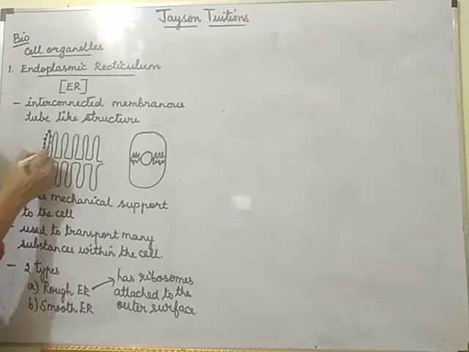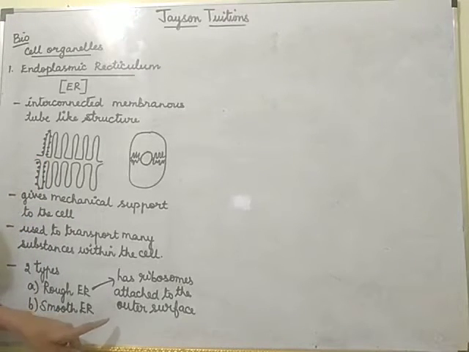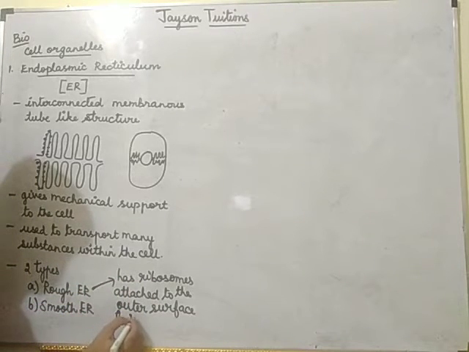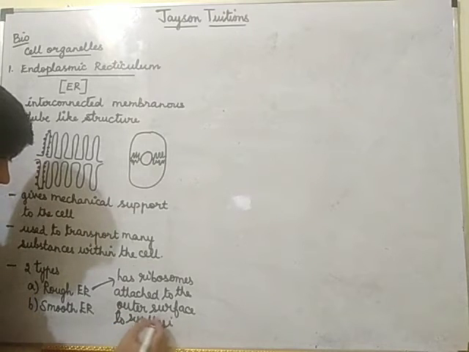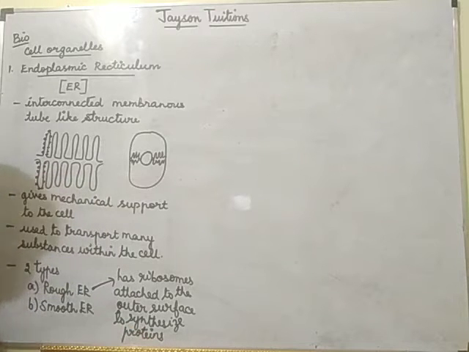These dots are nothing but ribosomes. If the ribosomes are attached to the surface, it is called rough endoplasmic reticulum. Why are these ribosomes attached to the surface? To synthesize proteins.